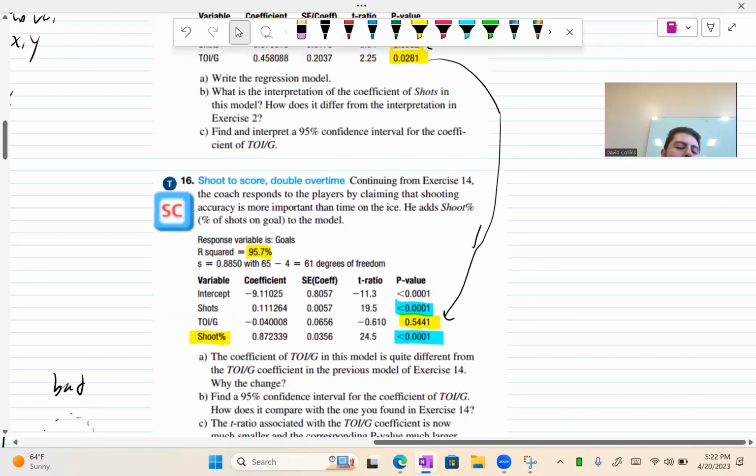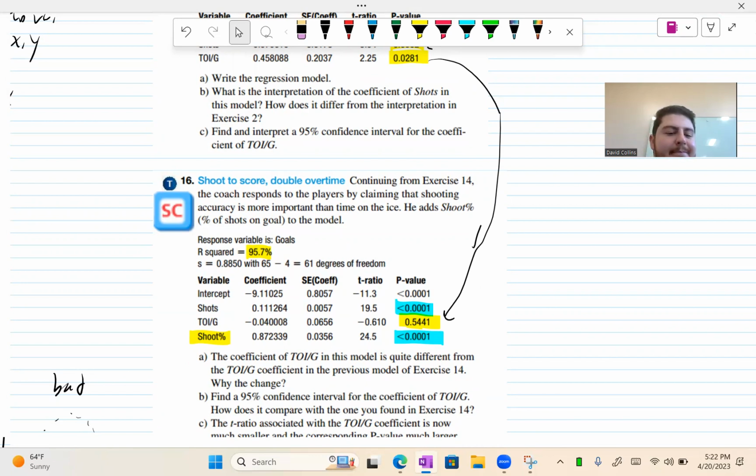You just have to look at which variable came in and which variable was kicked out. Shot percent came in and it wiped out ice time. And it made a much better model in terms of R squared. Follow-up question: if you had that become insignificant, then let's say this was like 0.5 also, then you'd say shot percentage is collinear with both of them.